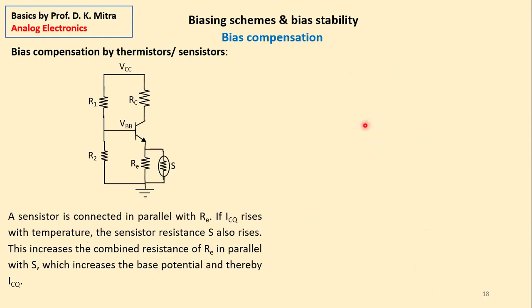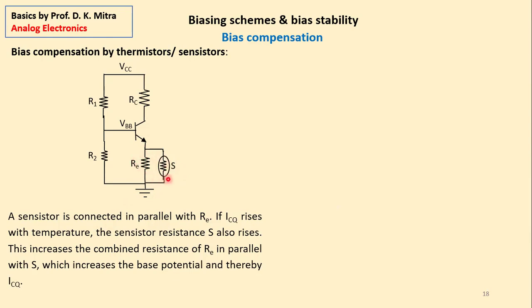Then we use a sensistor here. No additional supply is needed. If ICQ tries to rise with temperature, the sensistor resistance S also rises. The resistor's resistance rises with temperature, right? If this resistance rises, then the combined resistance of RE and S in parallel also rises.